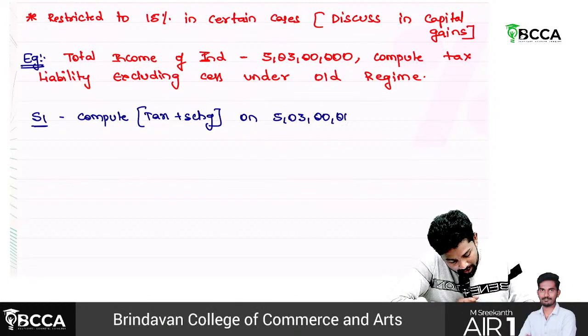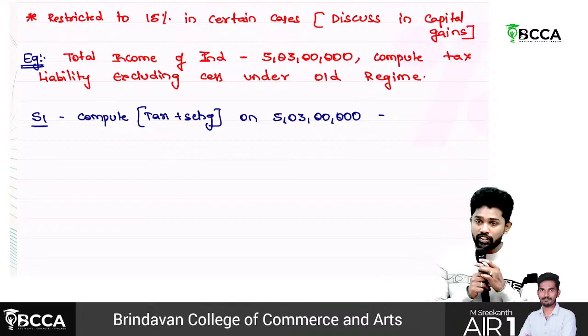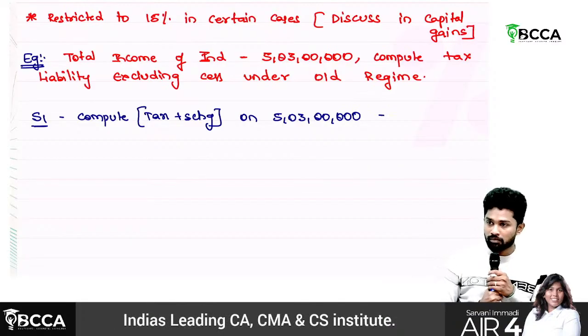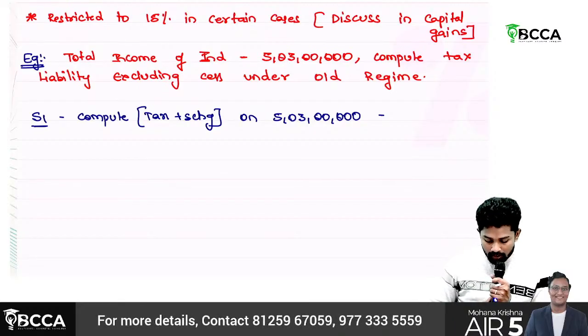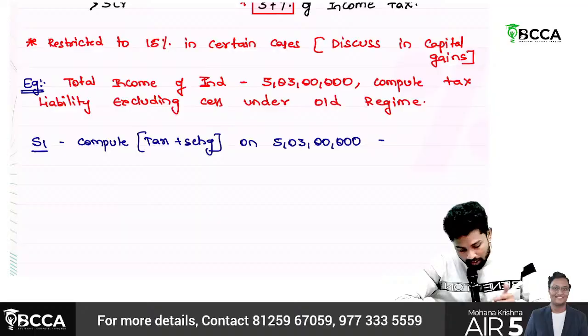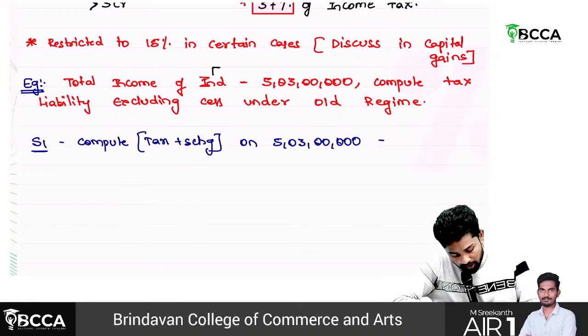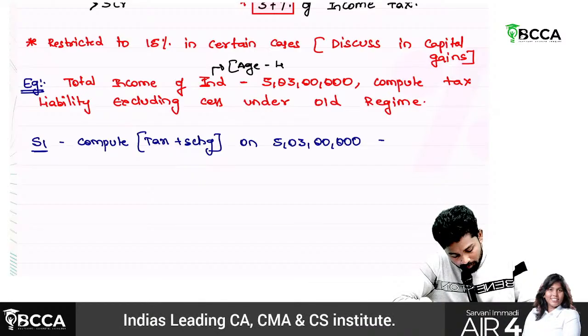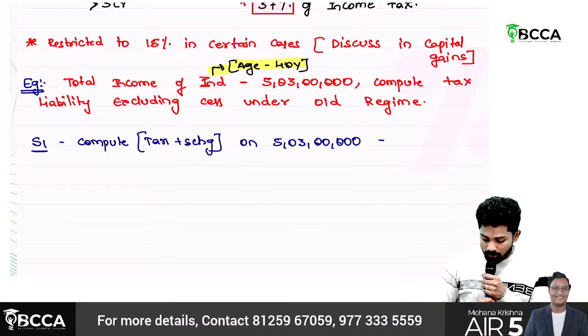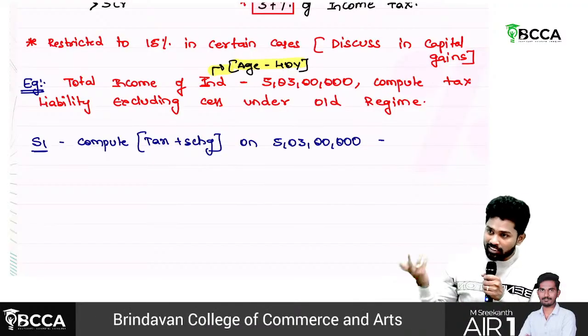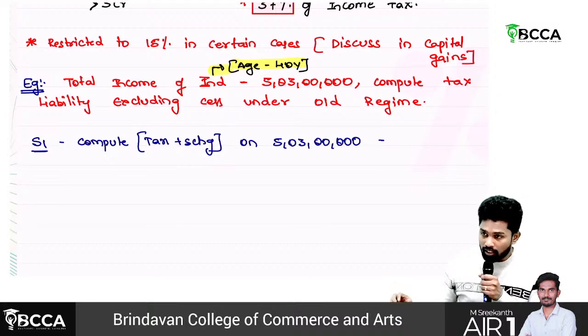So calculate and tell what the tax plus surcharge is on 5 crore 3 lakhs. The individual, sorry for not mentioning the age, is 40 years old, not a senior citizen. Since the age is only 40, resident and non-resident status does not have any impact.